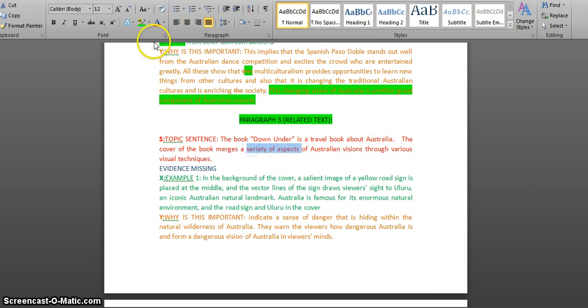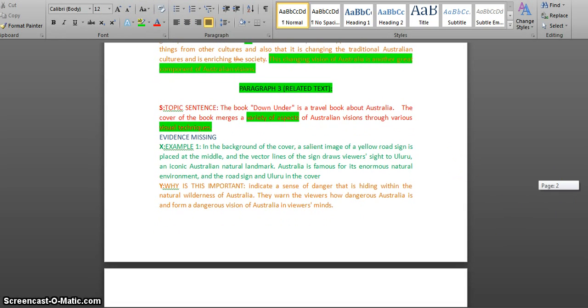So it's talking again about a variety of things, and that the book cover uses visual techniques. There is some evidence missing there, so I didn't count that as evidence, but he didn't actually come up with a way of explaining this, but he went straight to the example.